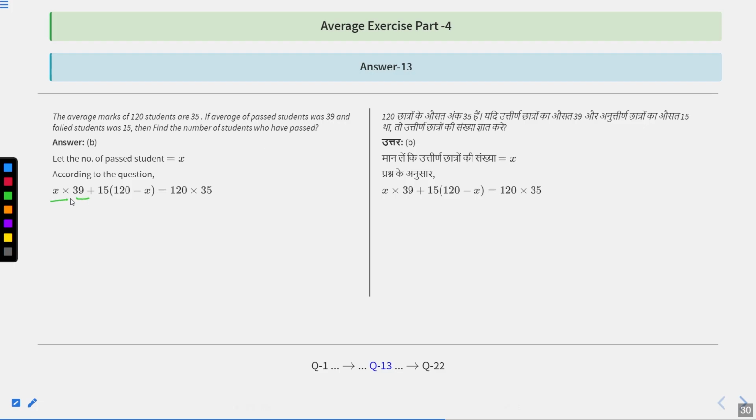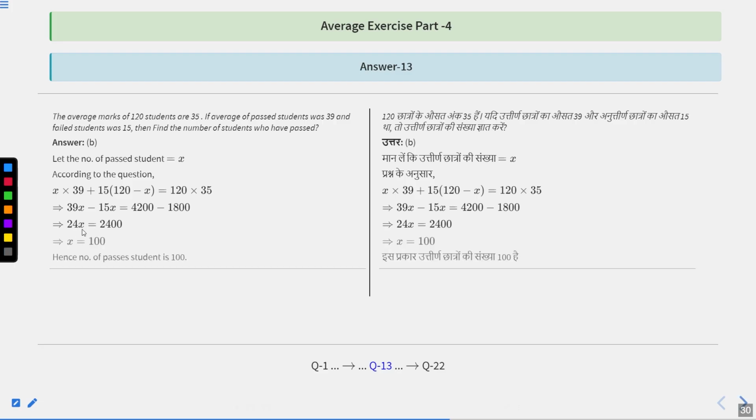This is their total marks. The failed students got 15 into 120 minus x, and the average of all 120 is 35, so this equals 120 into 35. When we calculate it, we get the value of x, which is 100. So the number of passed students is 100. B is the correct answer. Next one.